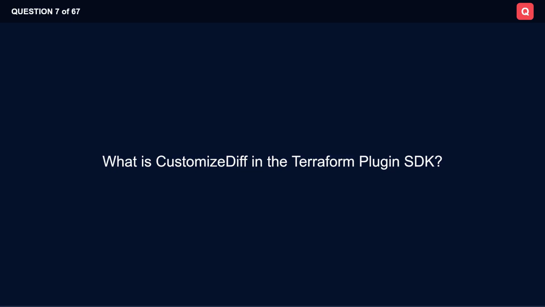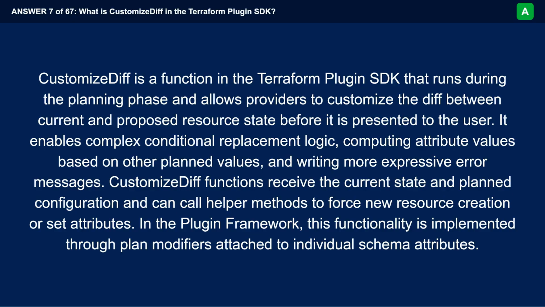What is CustomizeDiff in the Terraform plugin SDK? CustomizeDiff is a function in the Terraform plugin SDK that runs during the planning phase and allows providers to customize the diff between current and proposed resource state before it is presented to the user.